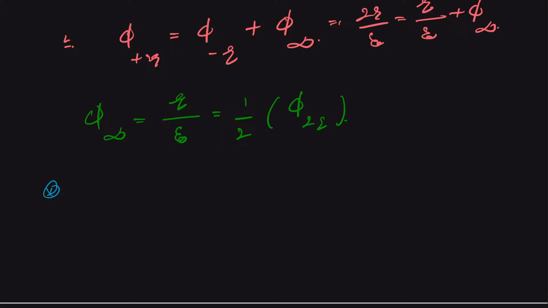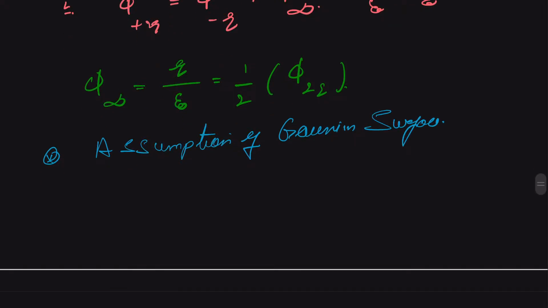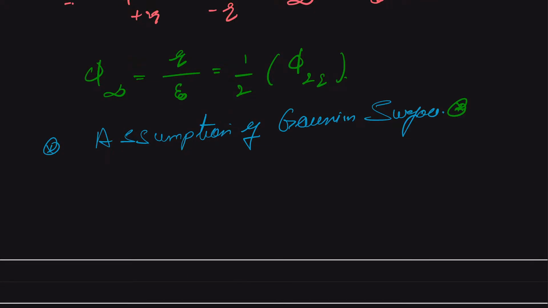We are going to assume this Gaussian surface as conical in shape.